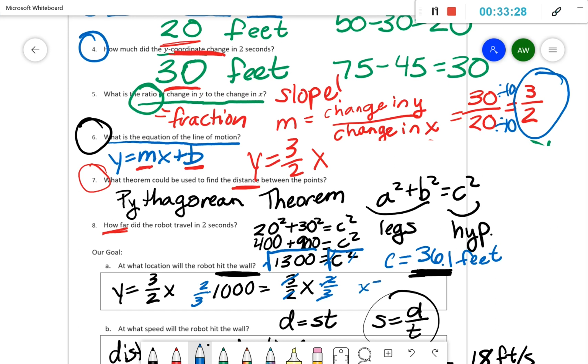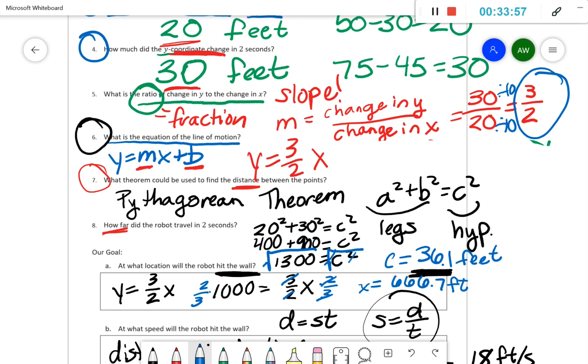And we should end up with x is equal to, now if we take this and we put this into our calculator, we'll do 1,000 times 2, which gives us 2,000, divided by 3. And we get 666.6 repeating. So I'm going to round that to 666.7 feet for x.